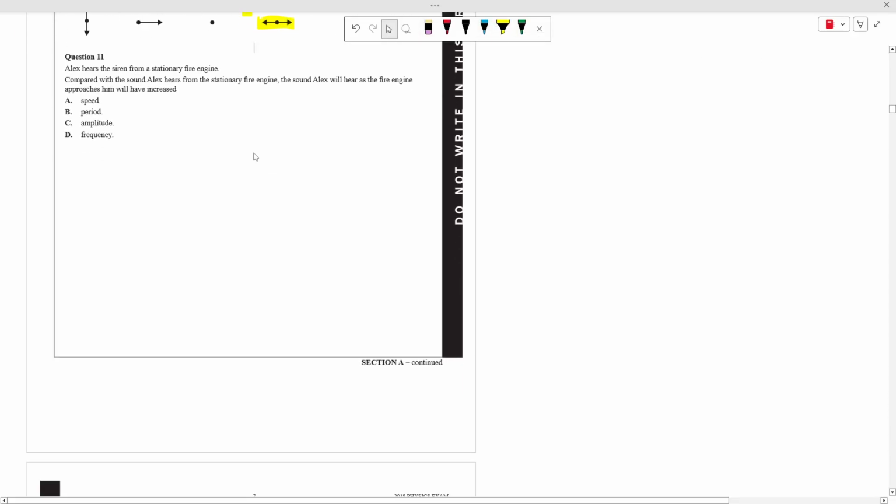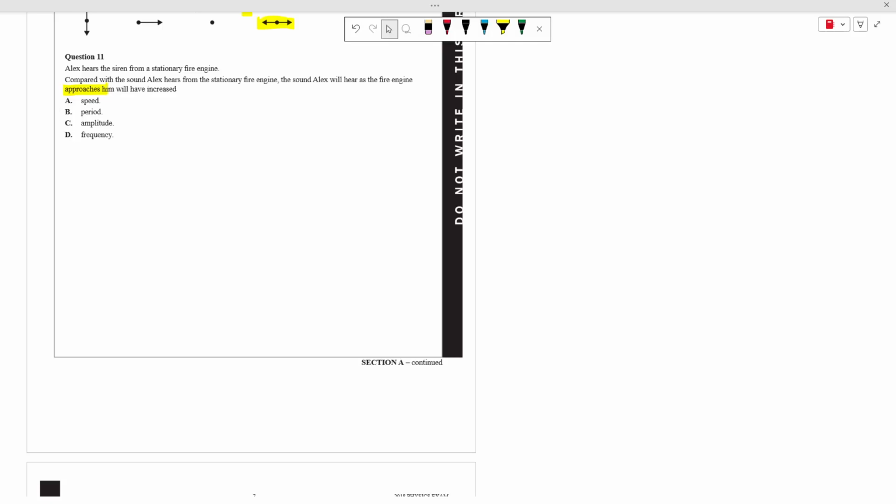Question 11. Alex hears the siren from a stationary fire engine. Compared with the sound Alex hears from the stationary fire engine, the sound Alex will hear as the fire engine approaches him will have increased what? Okay. Let's just look at the options and see which one makes the most sense.